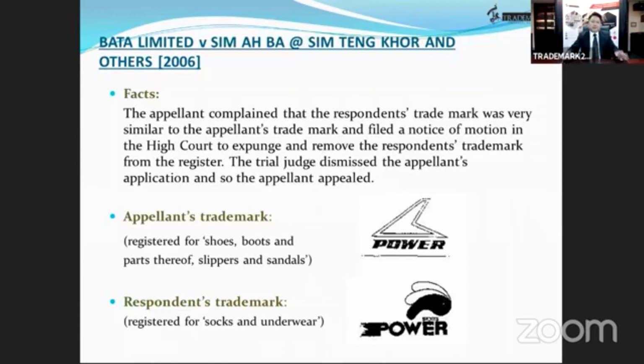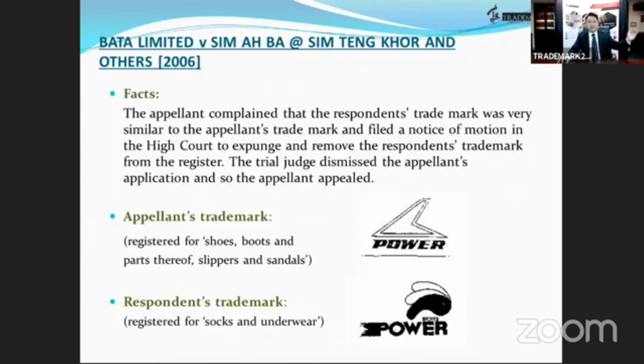Now, headwear, footwear, and clothing fall under the same category, class 25, so both of them fall under class 25. Bata, of course, came in first, and the registry actually allowed the registration of Power for Mr. Sim Aba, the defendant. So of course, Bata is not very happy.